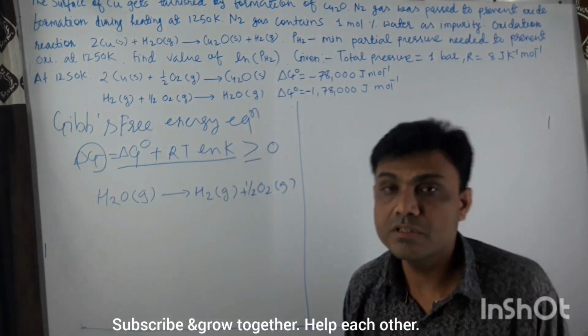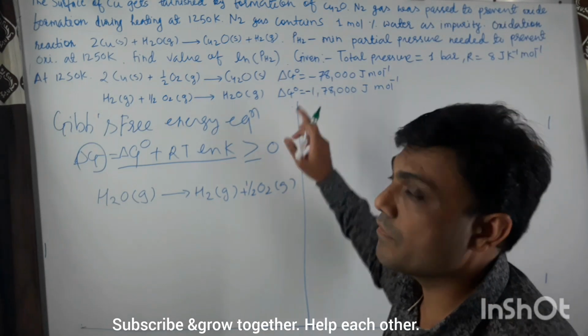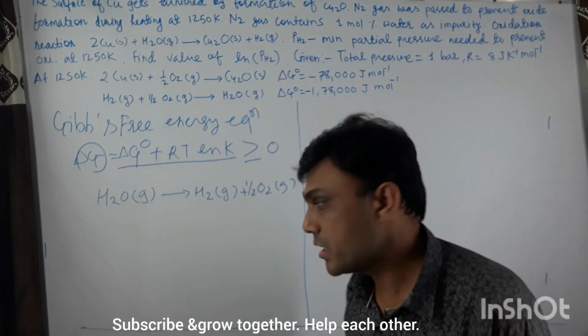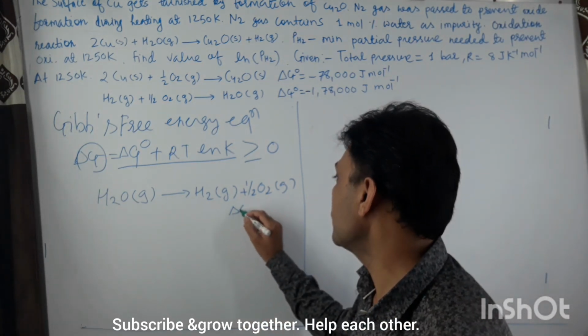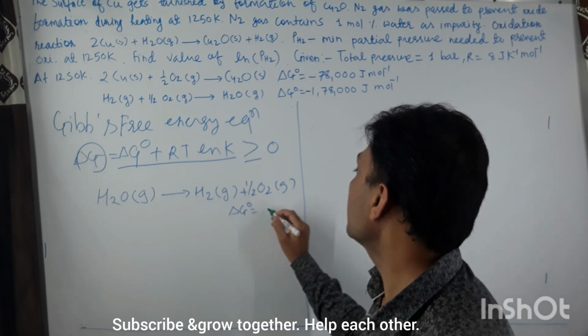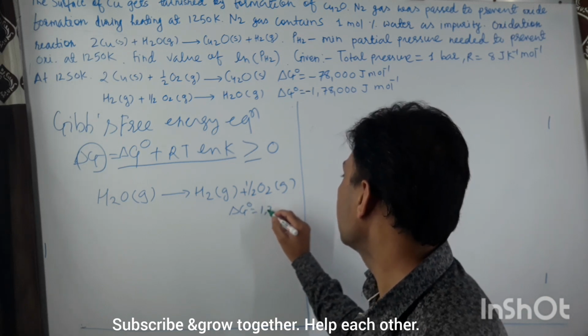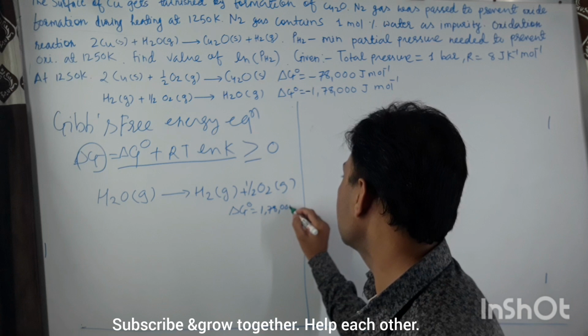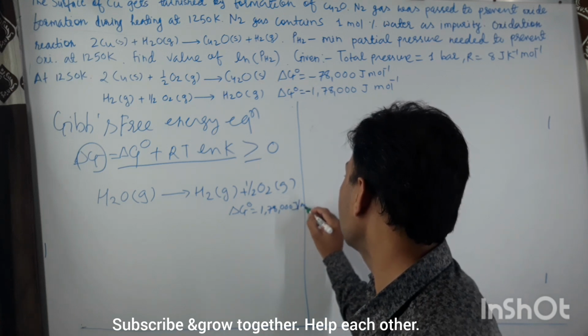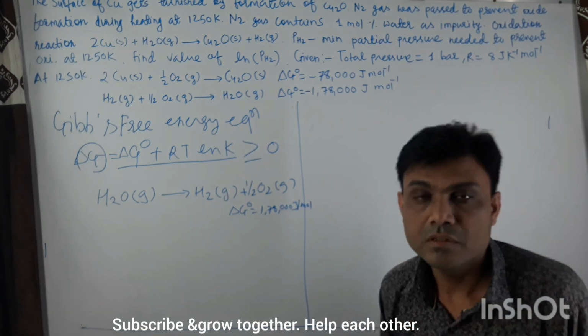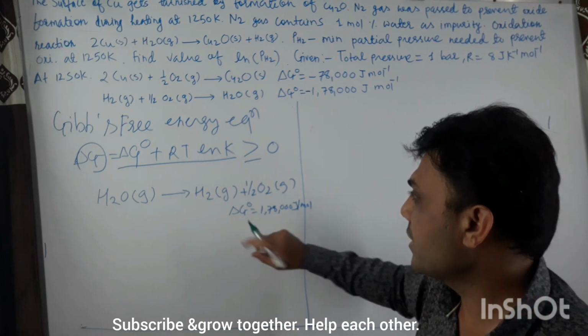When we are reversing this reaction, the sign of delta G0 will also get reversed. So delta G0 for this reaction will be plus 178,000 joule per mole. This will be the value of delta G0.